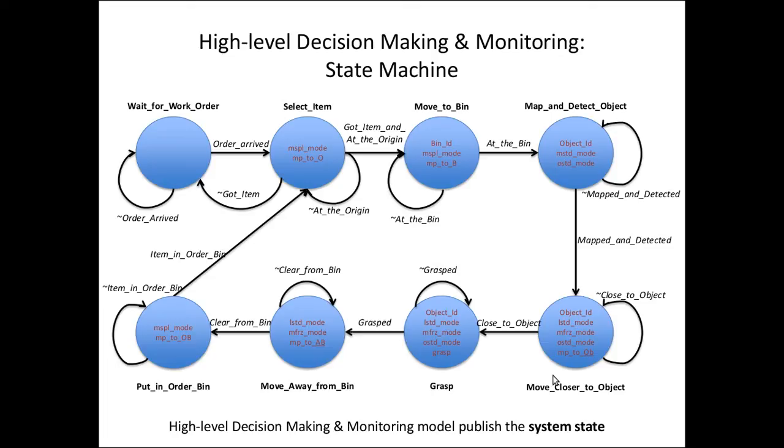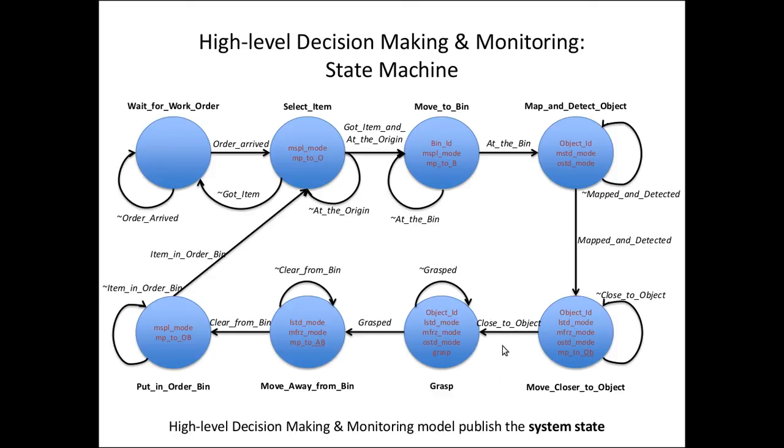Because at this point of the process of taking one of the items off the shelf, the arm is going to move closer to the objects, and the sensor we have will not be able to continually map, because the object will be too close. So while in this state, I freeze the map.